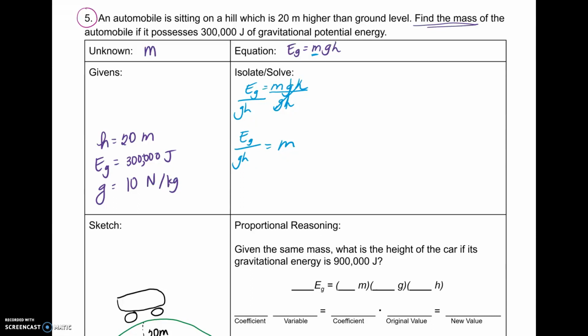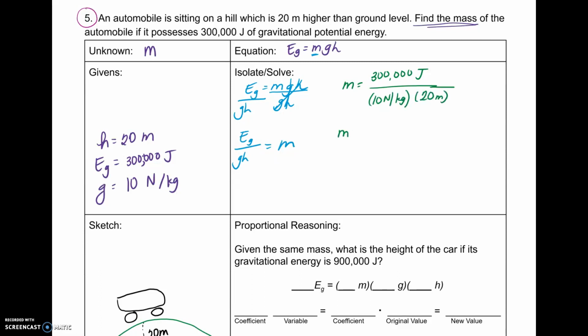Now let's go ahead and solve it. Mass is equal to EG of 300,000 joules over, we have 10 newtons per kilogram times 20 meters.